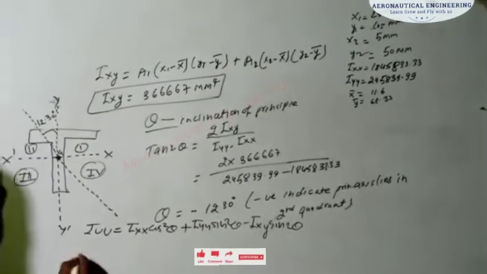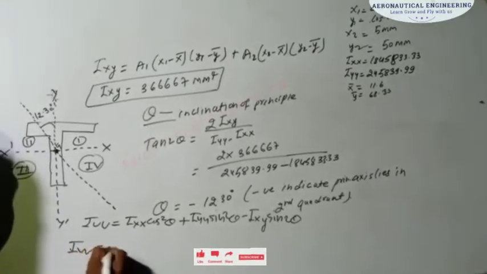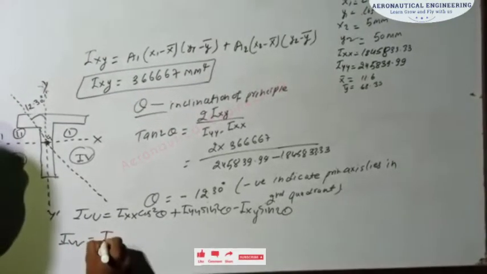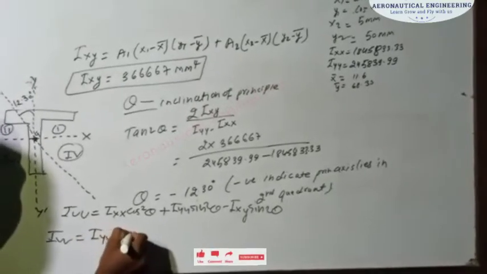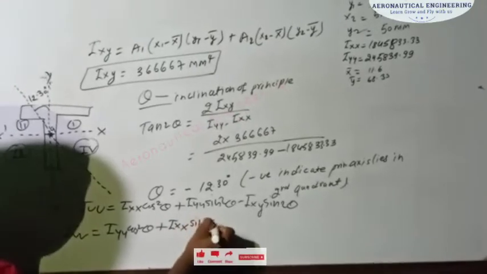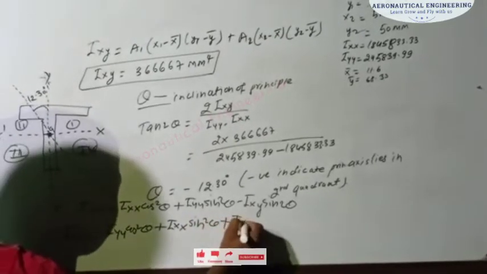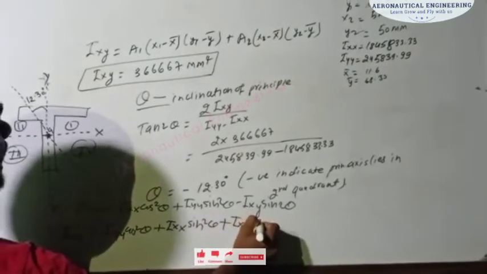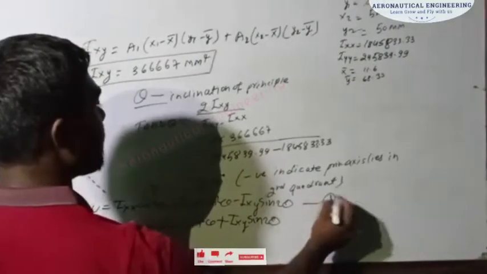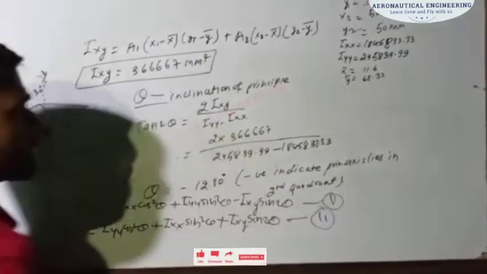Similarly, IVV, the moment of inertia of the principal axis about the y axis, is Iyy cos square theta plus Ixx sin square theta, plus Ixy sin 2 theta. Take this as equation first and this as equation second.